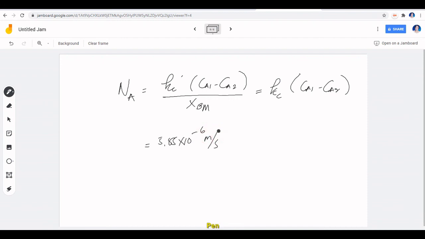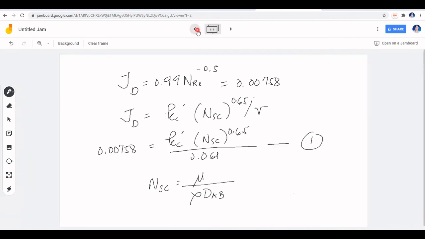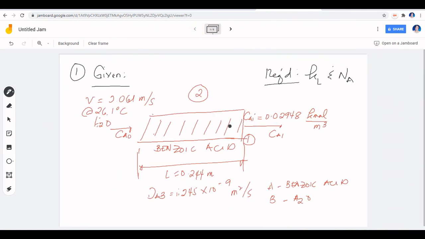And we have to multiply this with the C sub A1, the concentration at the point 1. So in our illustration, our point 1, the starting point of the diffusion, is from the benzoic acid flat plate, and our point 2 is on the bulk phase where water is flowing on top of this particular flat plate.